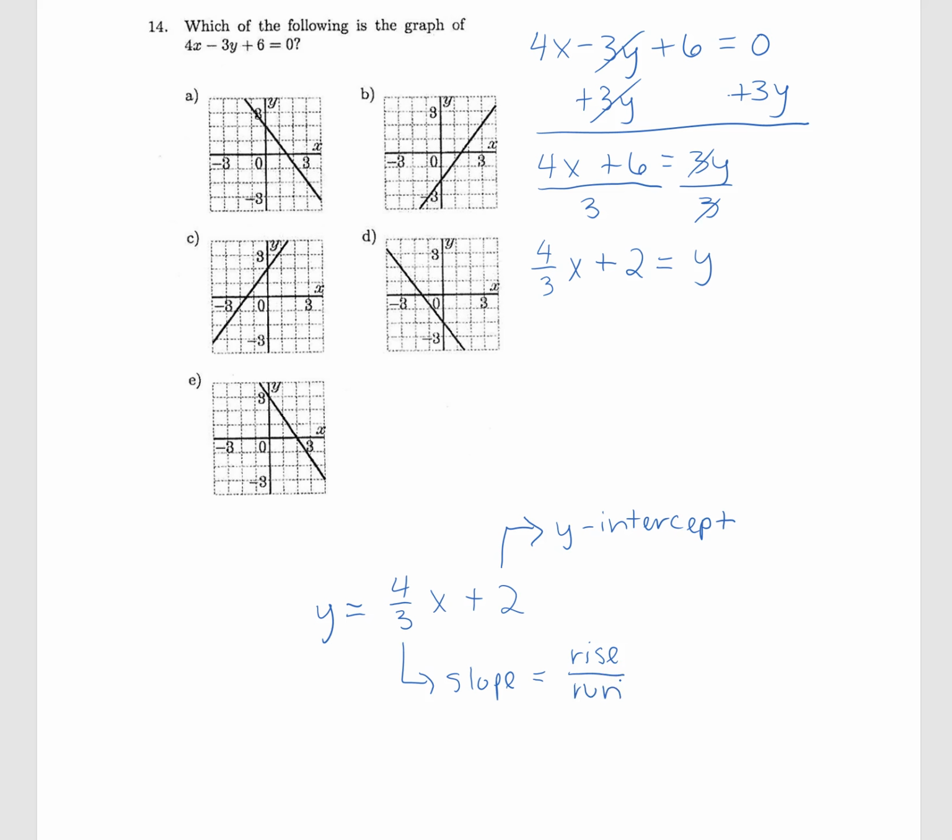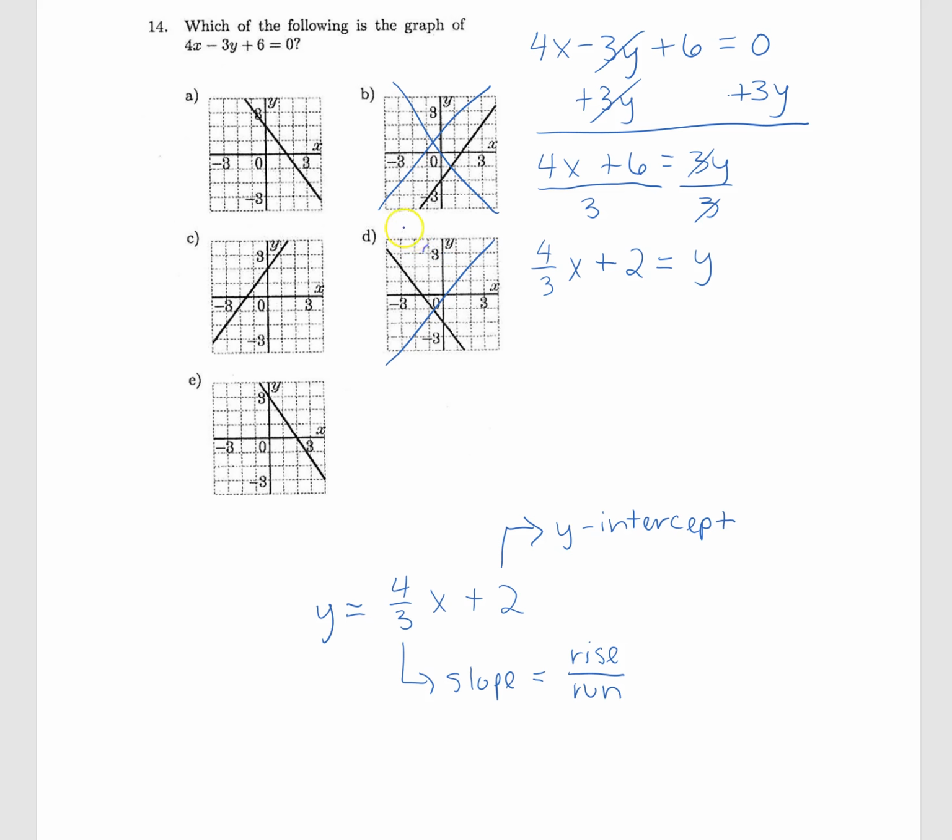And so let's start out by looking at our y-intercept. So a y-intercept of plus 2 means that our line crosses the y-axis at positive 2. So we can already cross out some of these options, like B. We can see that this one's crossing at negative 2, so that doesn't work.